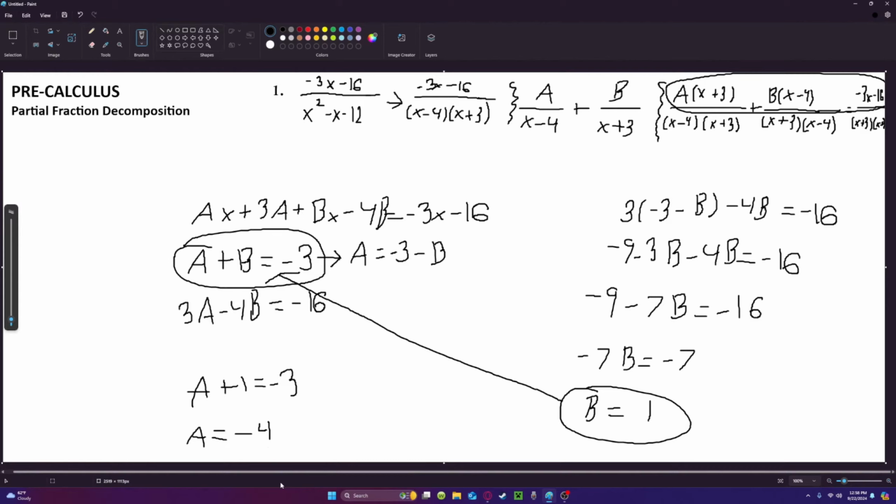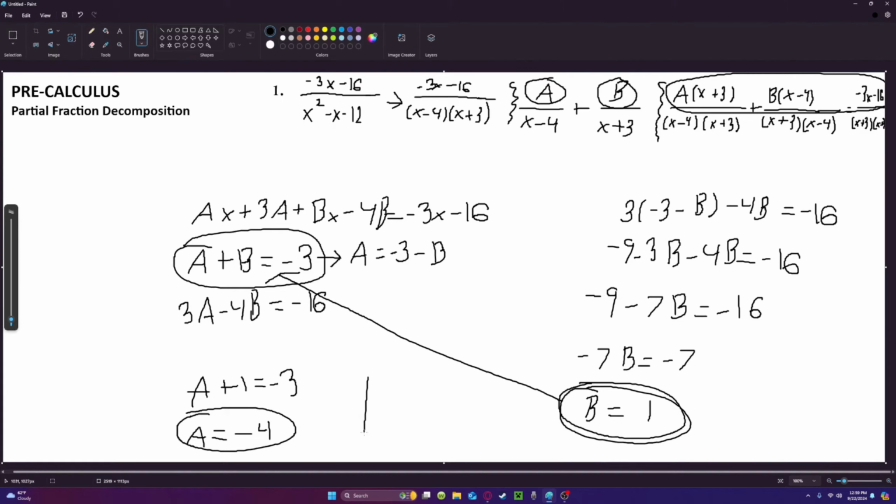So we have our values, right? We have a equals negative 4, and b equals 1. But this isn't the final step, right? Because notice, we still have our a and our b right here. So the way to properly finish this and show our final answer would be to plug our values in.